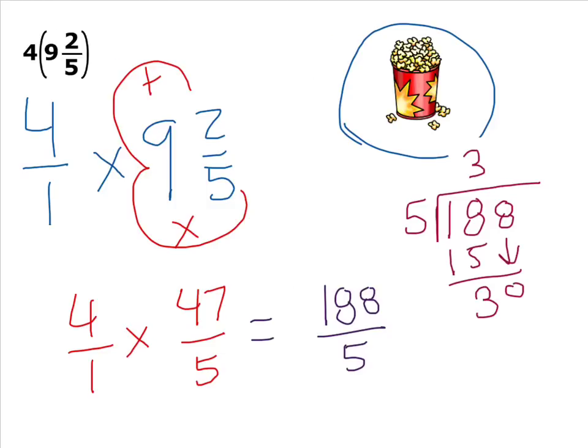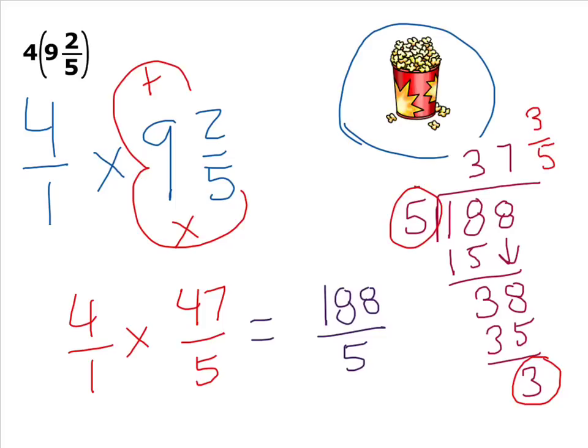I'll drop down my 8. 5 goes into 38 7 times, which gives us 35 with a remainder of 3. Now remember, we take the number that we divided by and put that under our remainder, which is 3. So this is going to be 37 3/5. That's how we get our fraction right here.